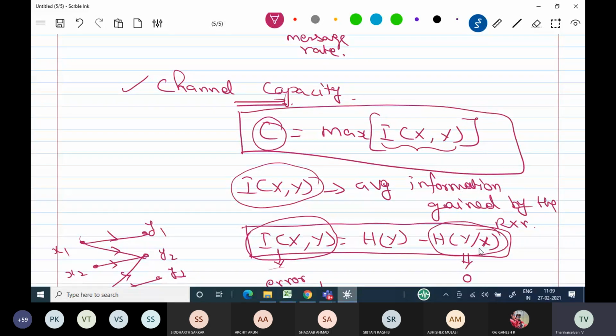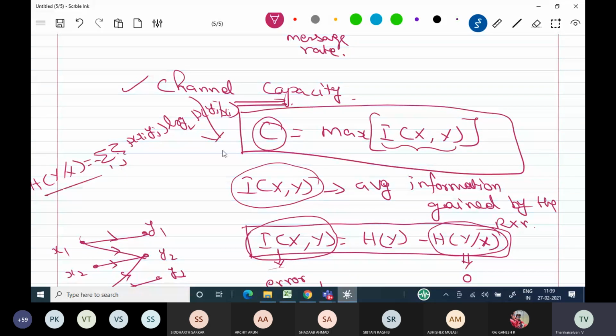You know the formula: H(Y|X) equals double summation over i, j of P(xi, yj) log base 2 P(yj given xi).